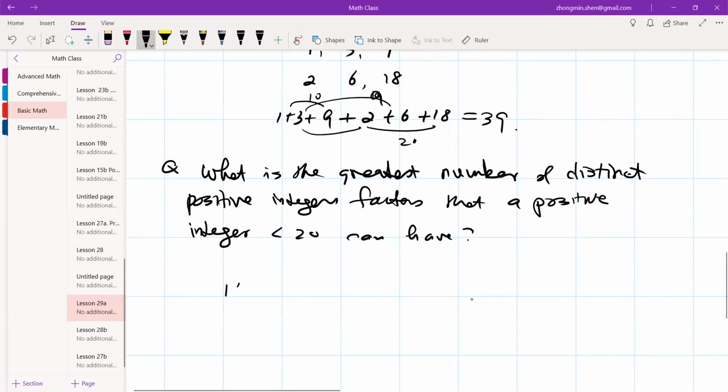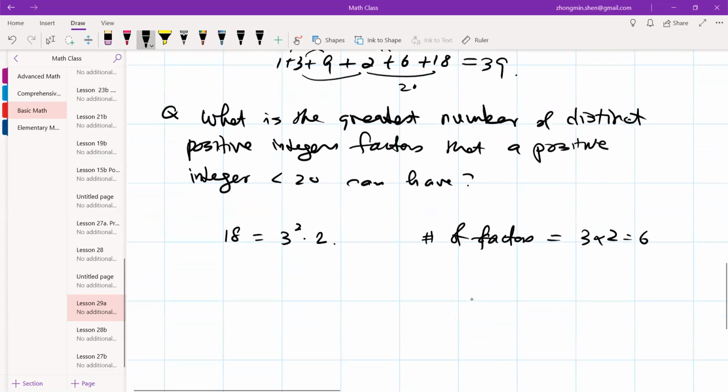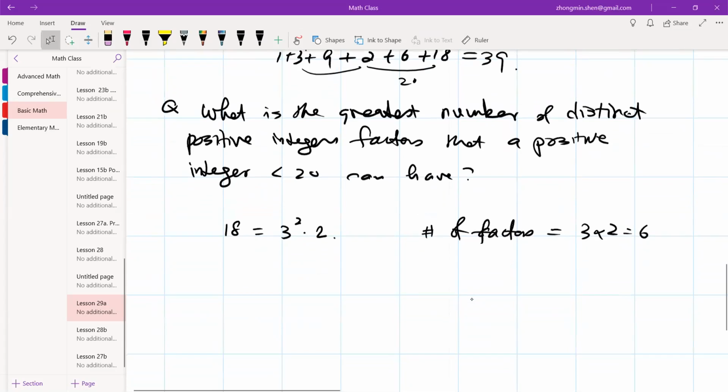So like 18, 18 is 3 squared times 2, right? So the number of factors is going to be 3 times 2, which is 6. Okay, so I don't think you can get more than 6. Exclude the prime numbers; prime numbers only have 2 factors.